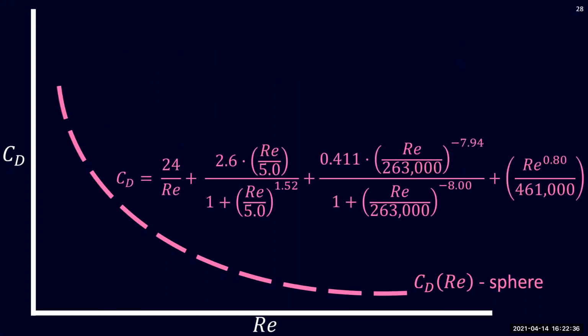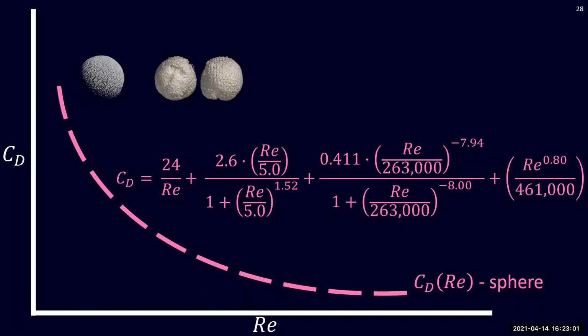So this is the relationship for a sphere, and some forams, like this one, are fairly spherical. So we could easily just apply these known equations and plug in the numbers for a foram and get a Reynolds number and a drag coefficient for this foram, because it's relatively spherical.